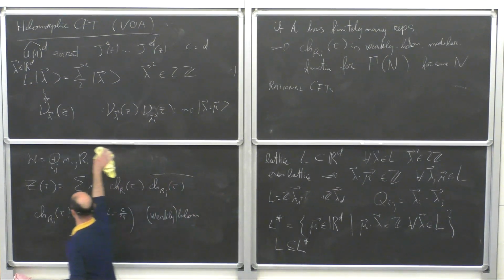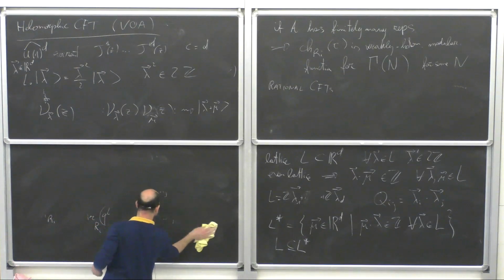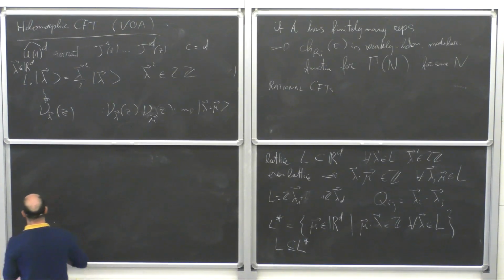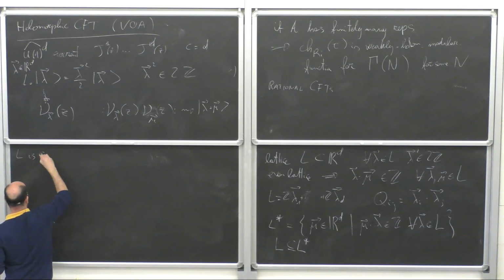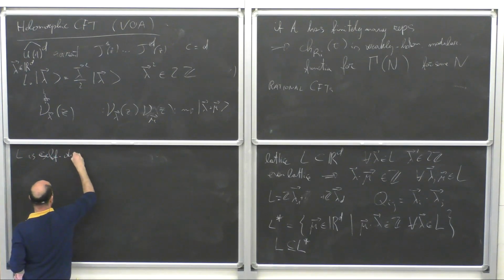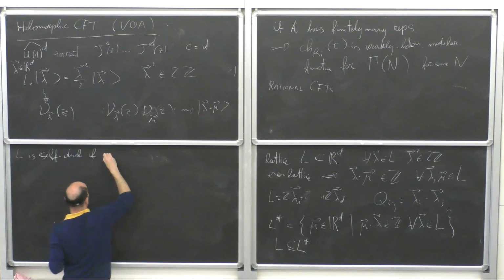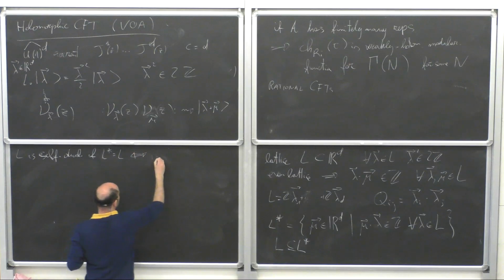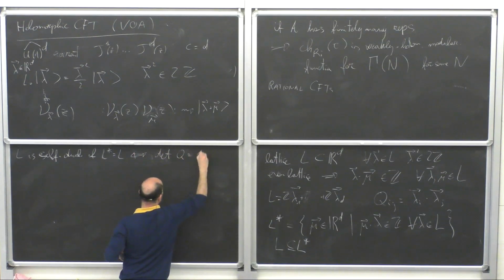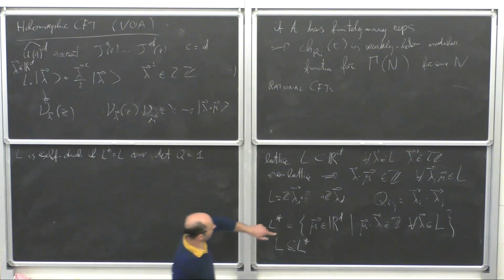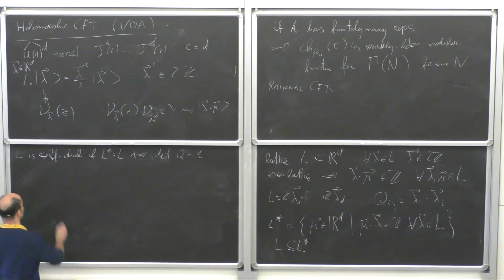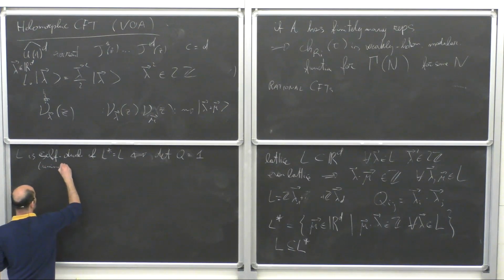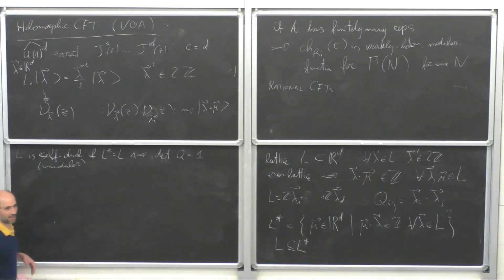Very special lattices are the ones that are self-dual: L is self-dual if L star is equal to L. One can prove that this is true if and only if the determinant of this integral matrix of scalar products is equal to 1. This is why self-dual lattices are also called unimodular lattices. That's the same thing.